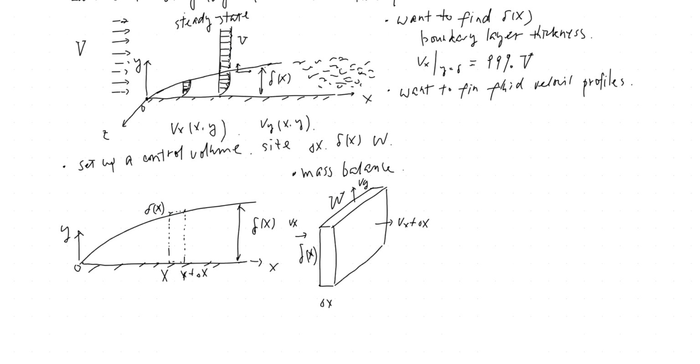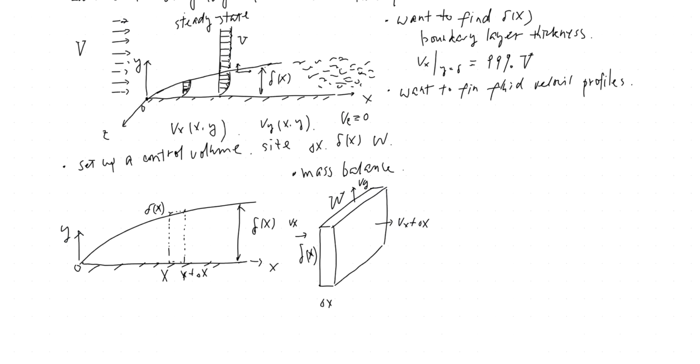There's nothing at the front and the back of the control volume because there is no z component of the velocity. So let us declare Vz is 0. Now what happened to the lower surface?